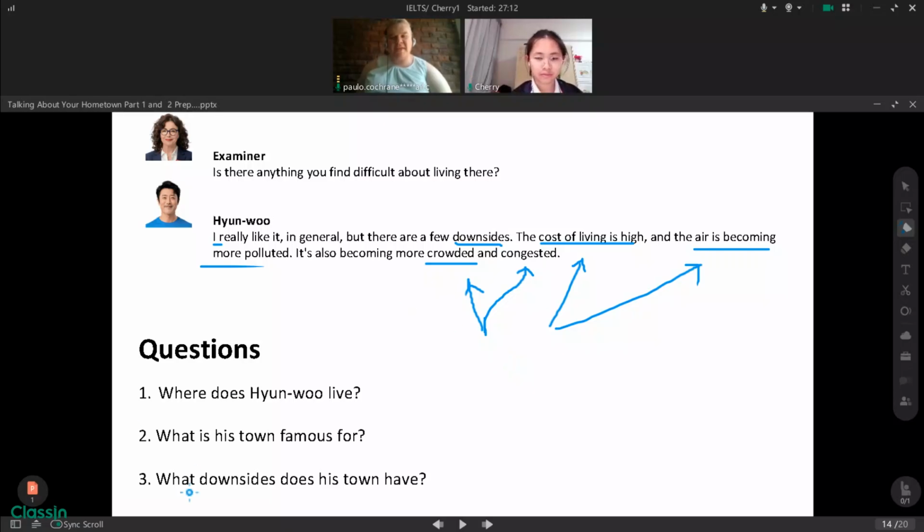Exactly. So that is the downside, the negative aspects of his town. All right. So with that, let's go into the next slide now.